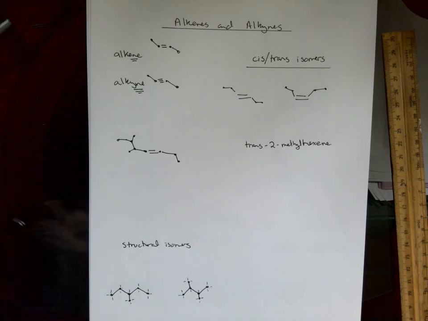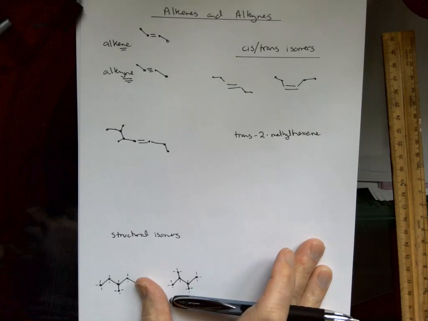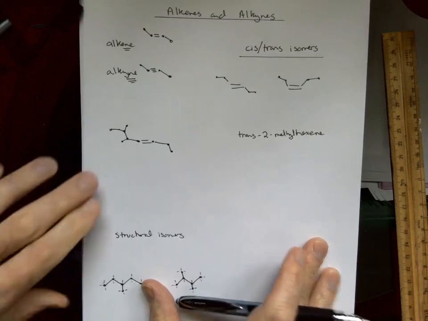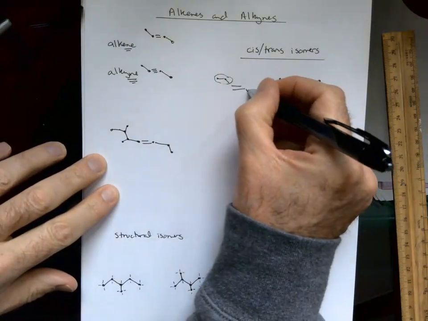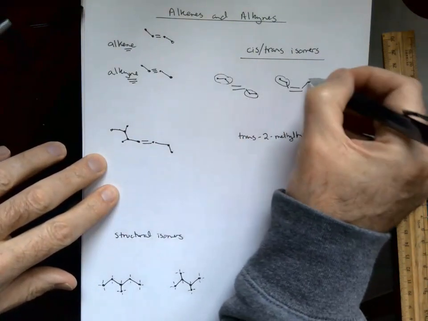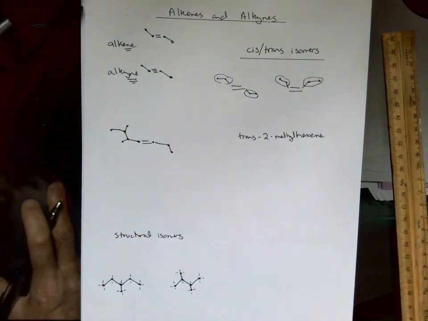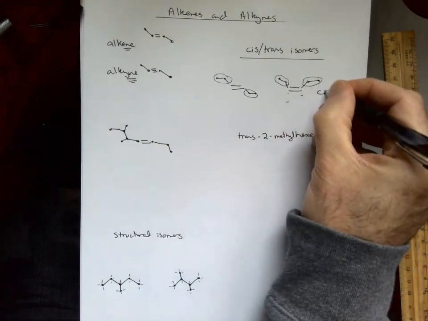Okay, so when you guys studied double bonds in grade 11, you did cis-trans isomers. So what can happen is when you've got a double bond, the tails can either go up and down, or they can both go in the same direction. They could both go up. If they both go up or if they both go down, that's cis.